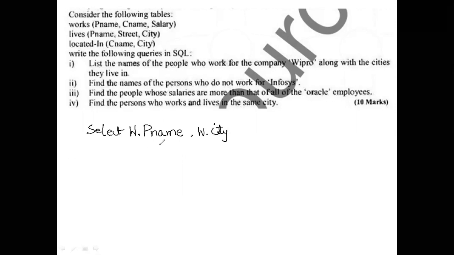Okay. In W, city is not present, so it is in L actually. So L dot city from works W, then lives L, because in the question the lives-in is asked.